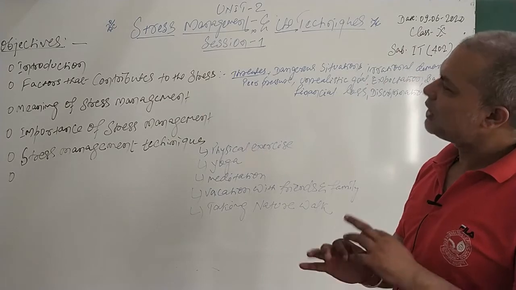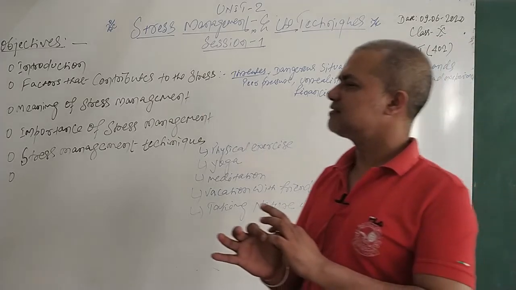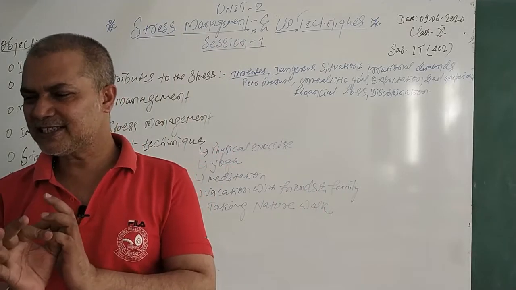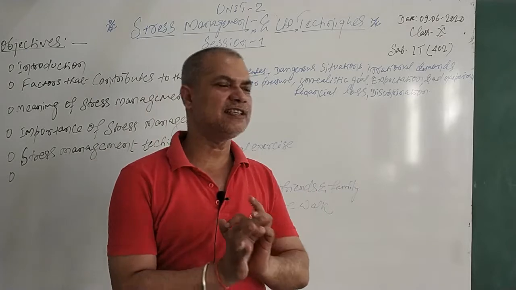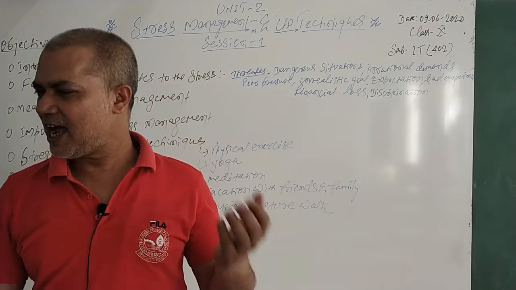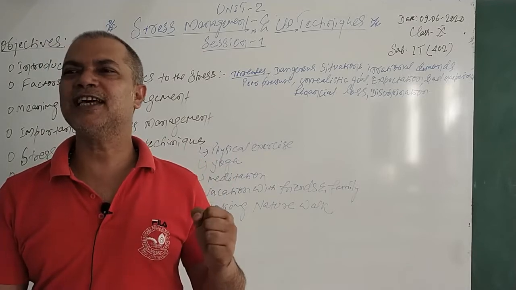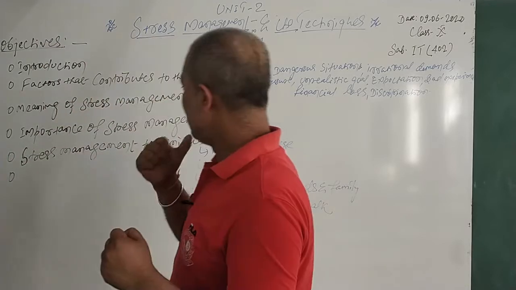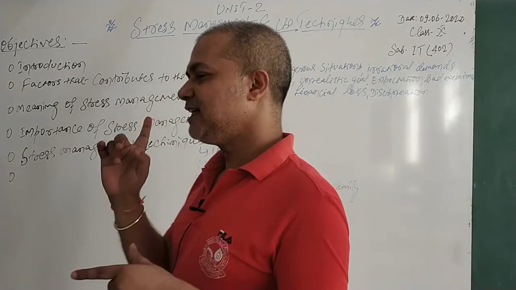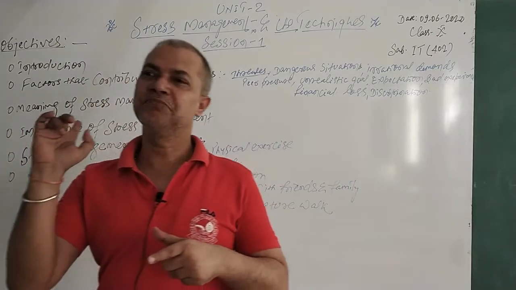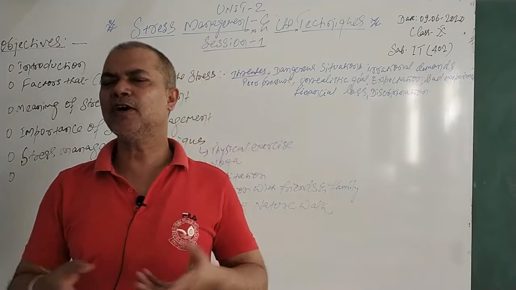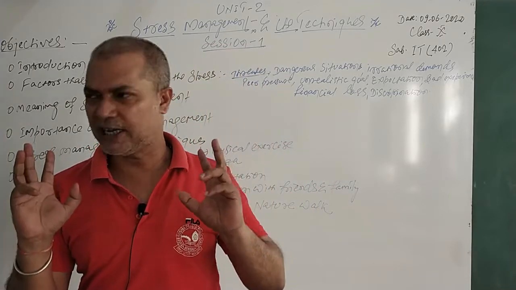So what we learned here: stress is an emotional disturbance created within us due to some reason, and everyone is more or less stressed. Stress can affect people of every age, whether an infant, a youth or an old gentleman. All age groups are affected by stress.